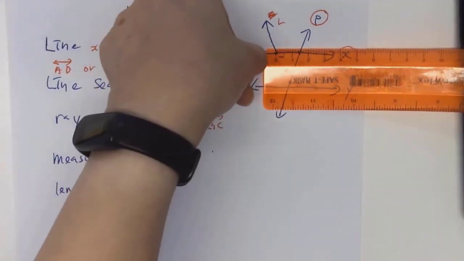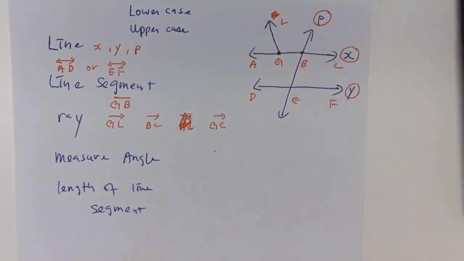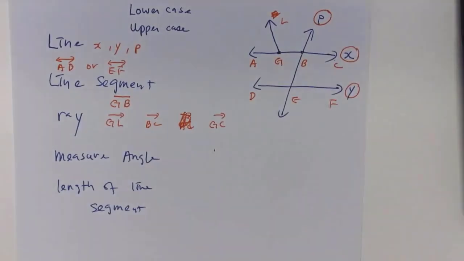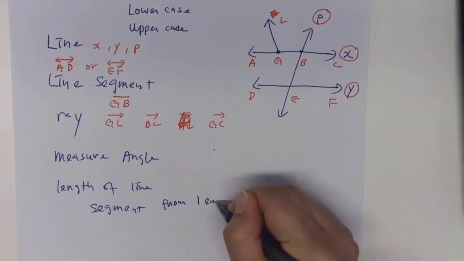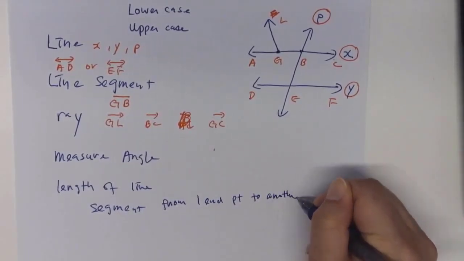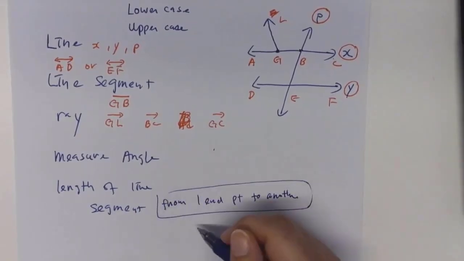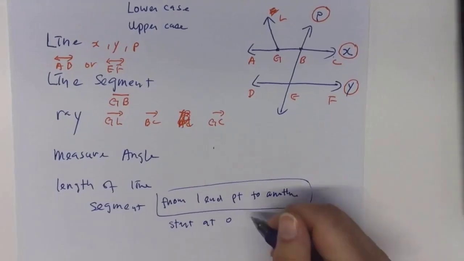So don't start from the edge, and try to be as accurate as possible. If you measure the length, make sure you start from one endpoint to another endpoint, and start as 0 for your ruler.